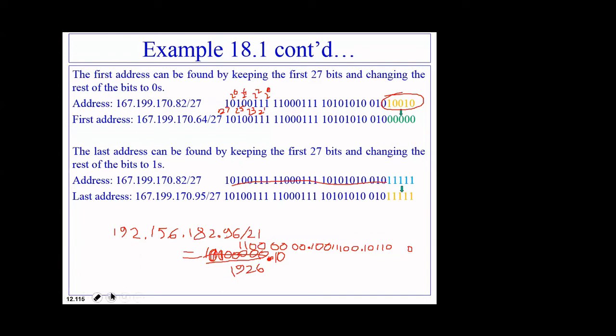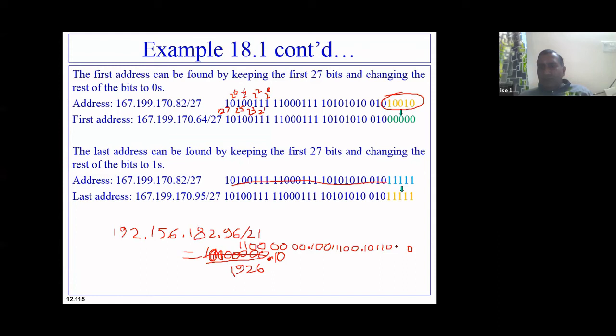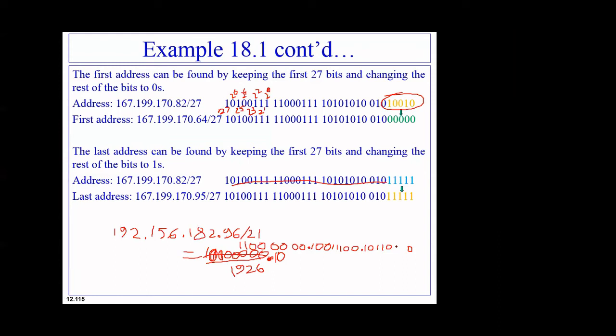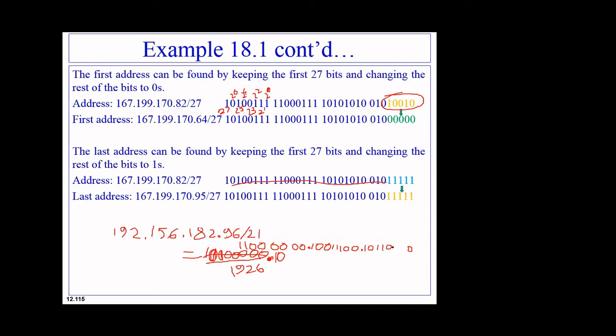Sir, while finding the first address, that will be 0 last, after those bits, 10110. After that, there will be zeros. 10110. That 0 will be the 21st bit, no? And then later there will be zeros, right? No, first address. First, give me the equivalence of 170. The 2 ones will be there between those two zeros.